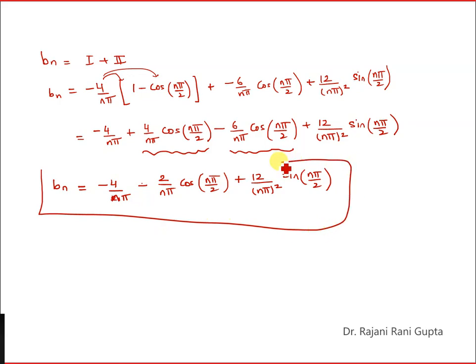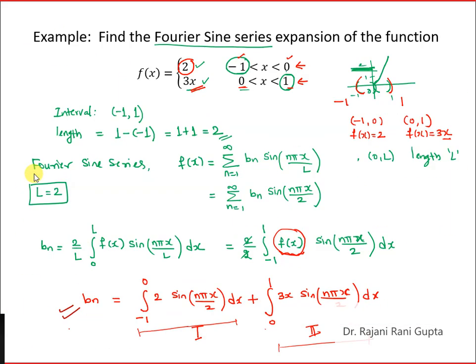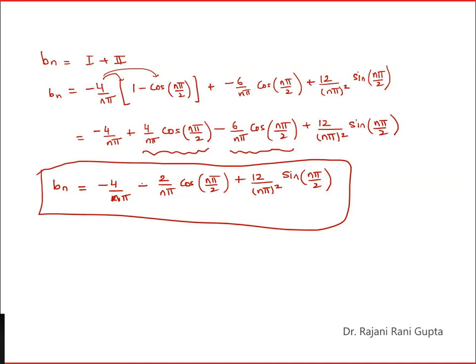Now substitute this value of Bn in this Fourier sine series over here. That gives you the final Fourier sine series. So the Fourier sine series of the given function is given by f(x), which is equal to summation n from 1 to infinity Bn.